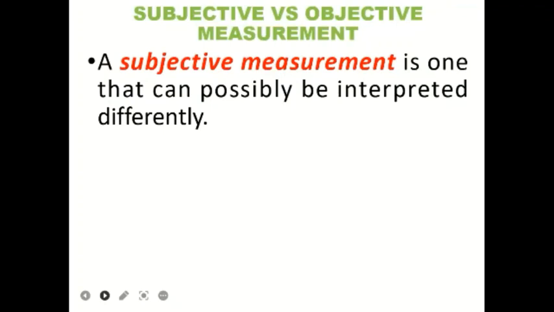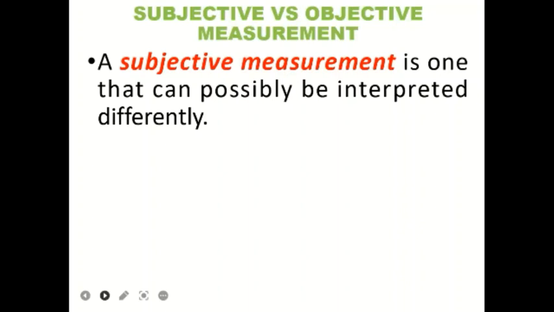Let's go back to the issue of objective and subjective measurement. A subjective measurement is one that can possibly be interpreted differently. Going back to the measurement of beauty, when you say beauty lies in the eyes of the beholder, then you are saying that beauty can be interpreted differently. That is subjective measurement.